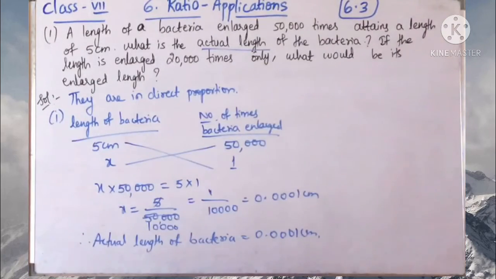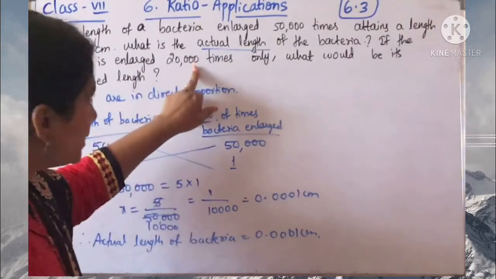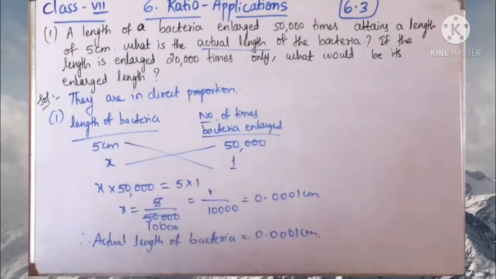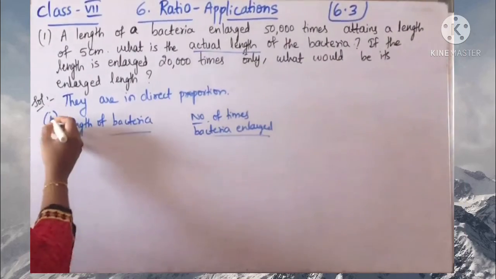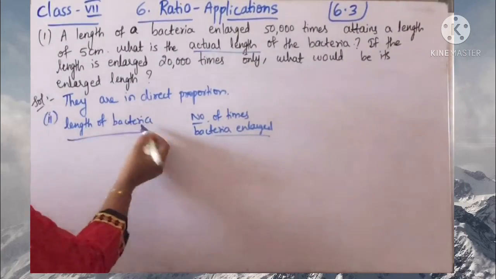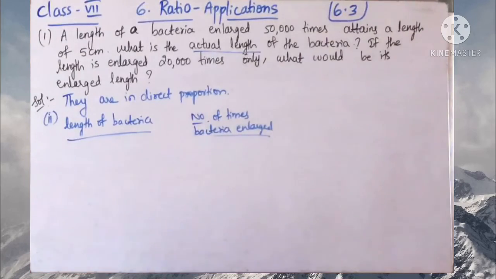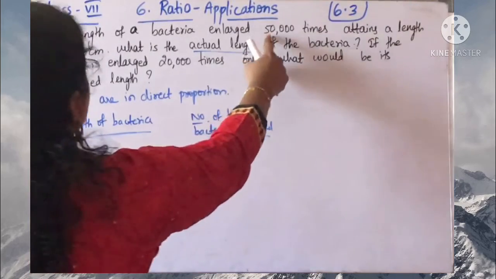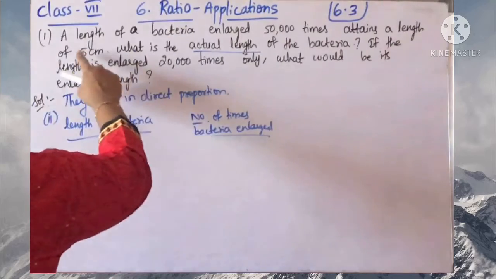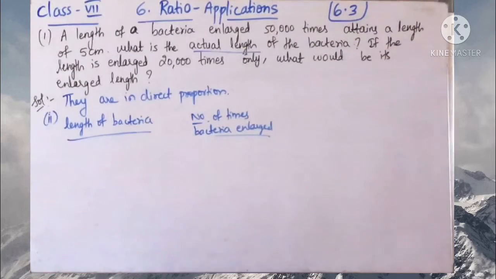Now the second one. They asked, if the length is enlarged 20,000 times, then what would be its enlarged length? Coming to the second part, same: length of bacteria and number of times the bacteria is enlarged. If the number of times is increased, definitely the length of bacteria also increases. If the number of times enlarged decreases, the length of bacteria also decreases.